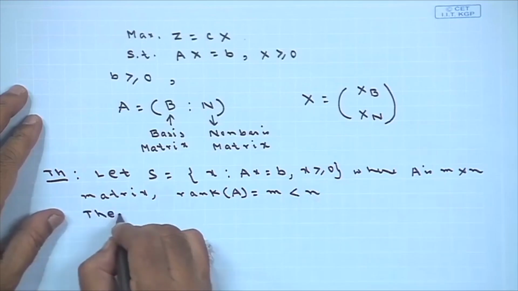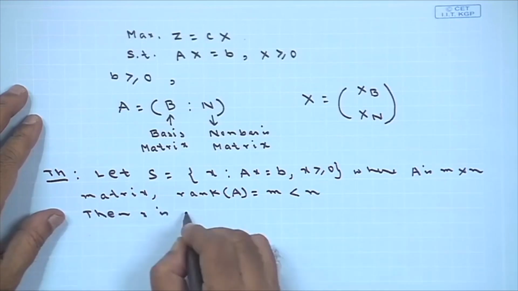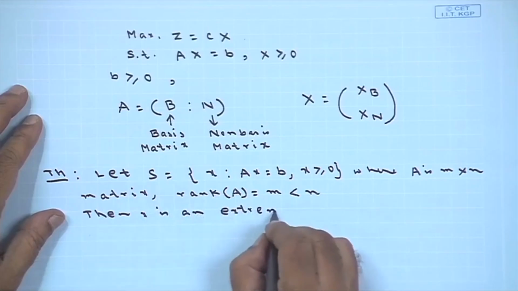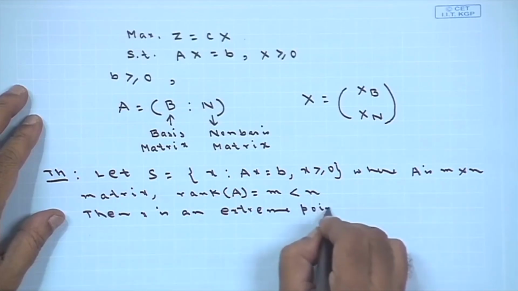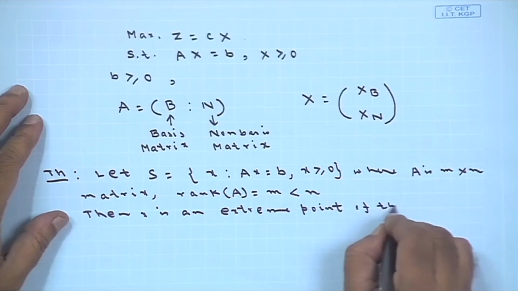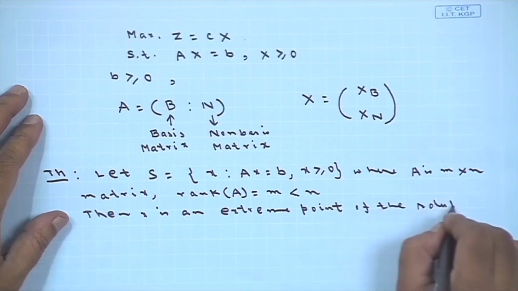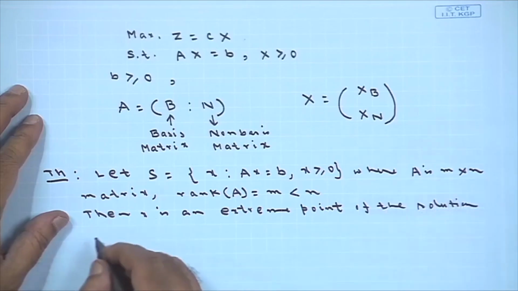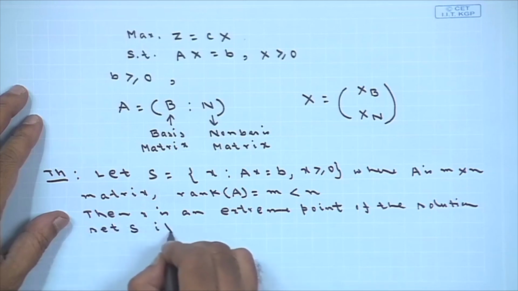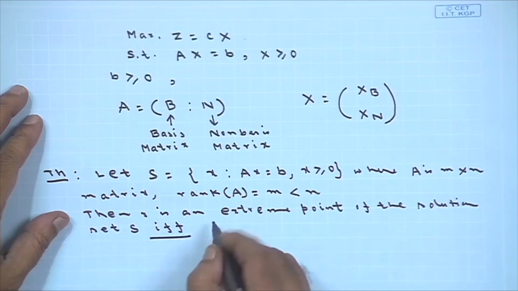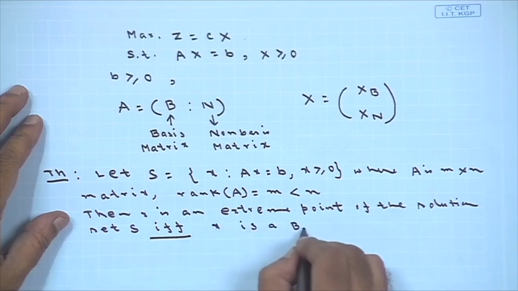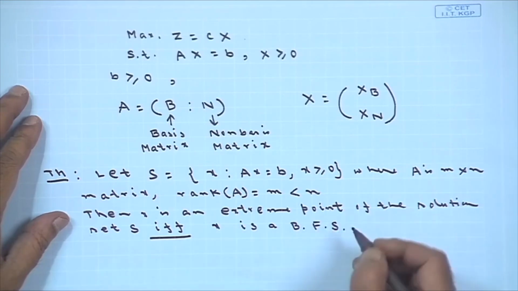Then x is an extreme point. Already we know what is the extreme point. x is an extreme point of the solution set, we can denote it by S, if and only if x is a basic feasible solution.